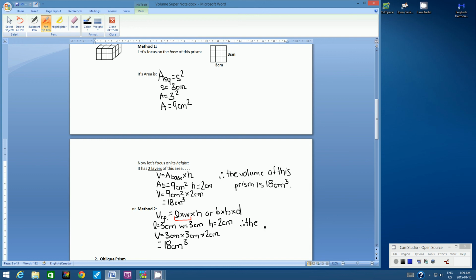Therefore, the volume of this prism is 18 centimeters cubed. Of course, this answer is going to be the same as the answer we got from method 1 because there were 2 methods calculating the same thing.